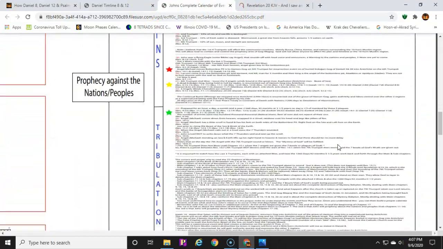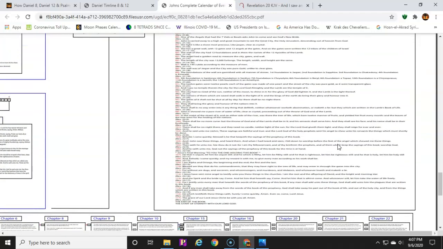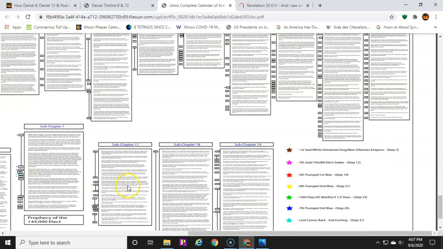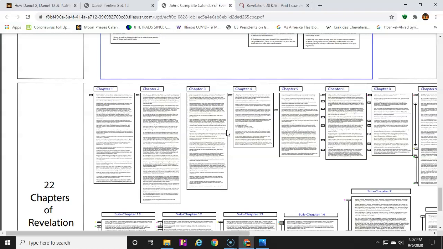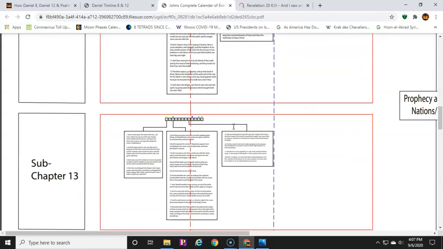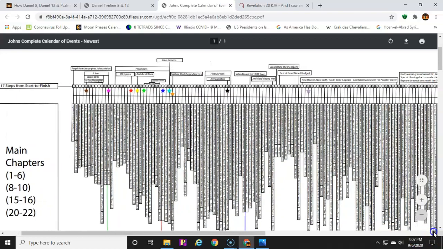And I've broken all these things down and added them to this text file so you can see how the 117 steps affect you from beginning to end, and how you can go down here on the bottom and also effectively look at all the different steps and how they're laid out in the 22 chapters. And so you can see how all this overlays each other and how it's going to affect us in the next 7 years.